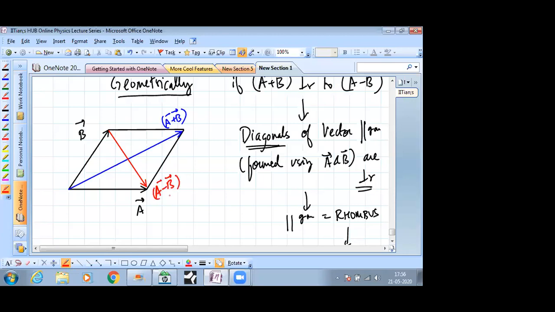Now when I impose the condition that this angle is 90, they are perpendicular to each other, then automatically I impose a condition that this side must be equal to this side. Okay. That is the condition.